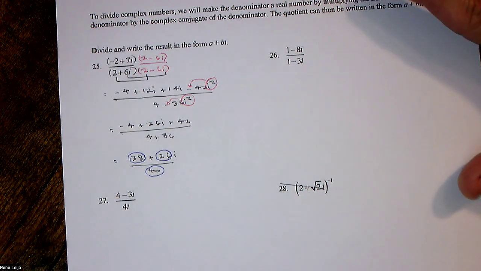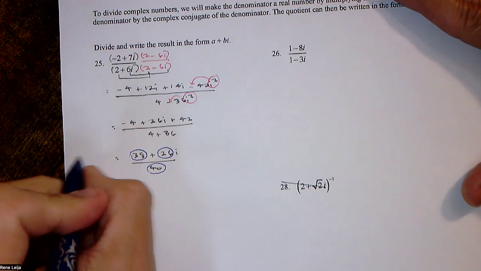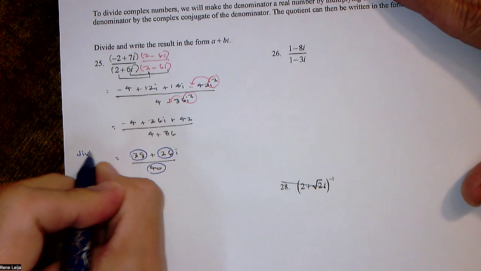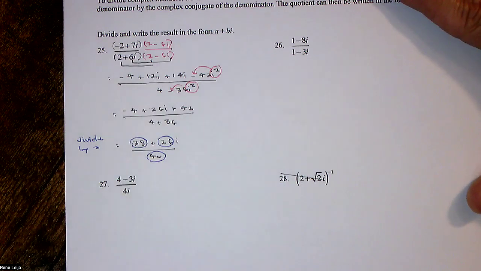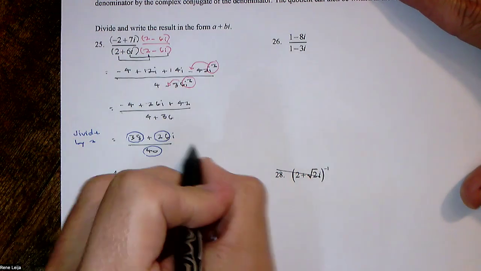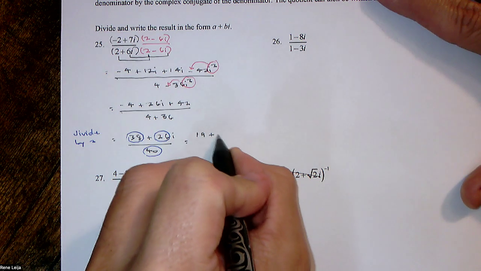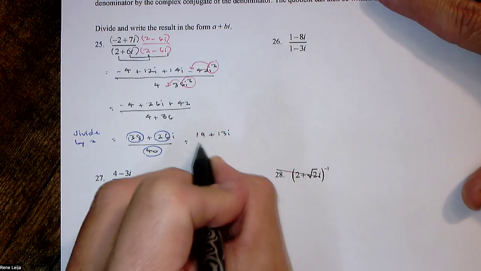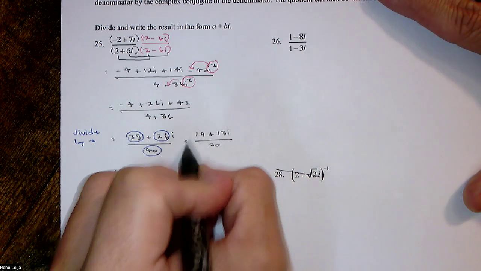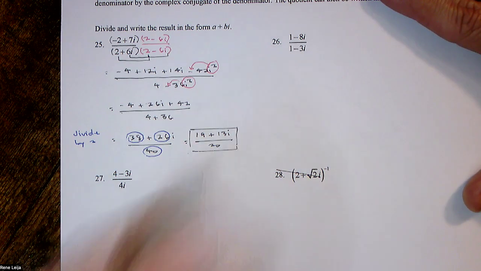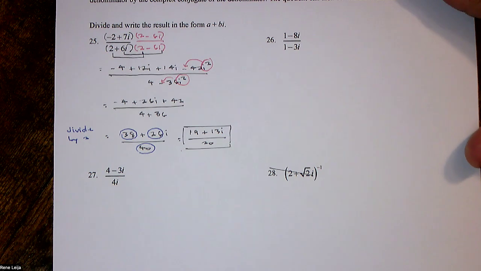Those are all even numbers, which means I can divide by 2. So 38 divided by 2 is 19, plus 26 divided by 2 is 13, there's the i, and 40 divided by 2 is 20. And here is our answer: 19 plus 13i over 20.